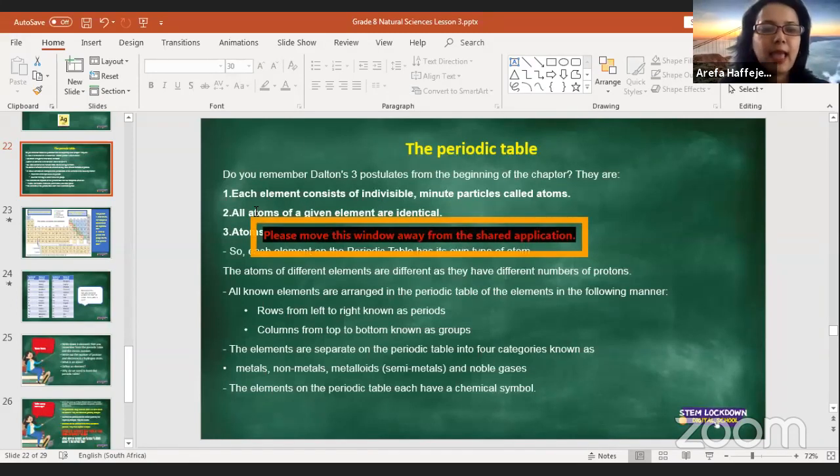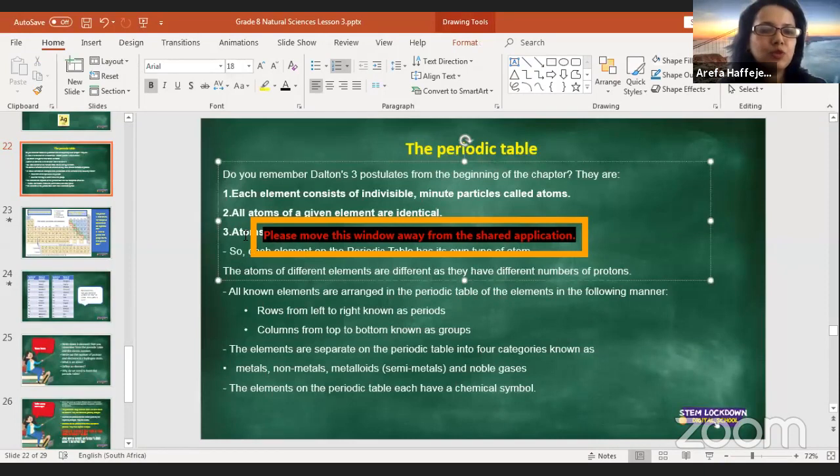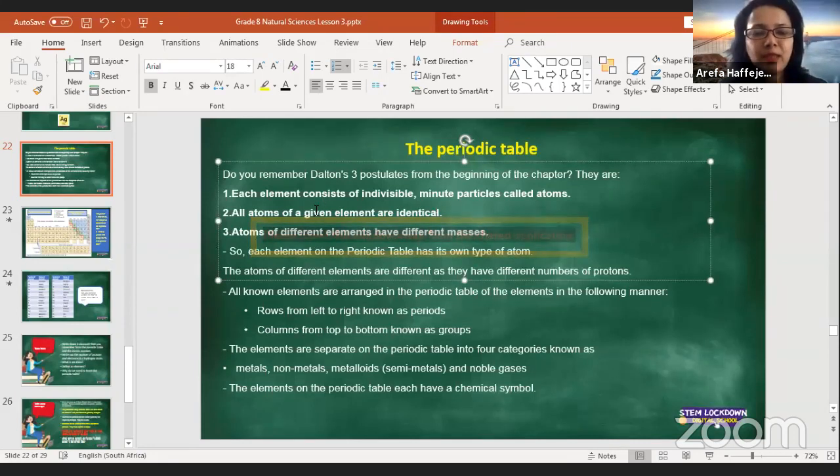All atoms of a given element are identical. That means they're the same, like identical twins, who look exactly alike. So in each element, every single atom is identically alike.